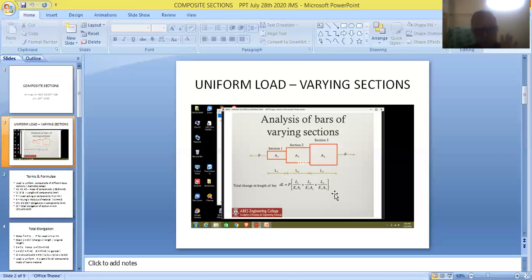So these are the 4 parameters essential for solving problems, not only on this topic, but on all the other 3 topics mentioned under this heading.